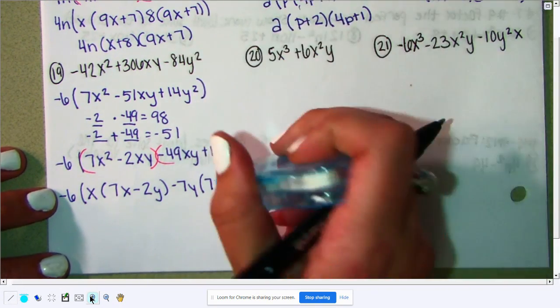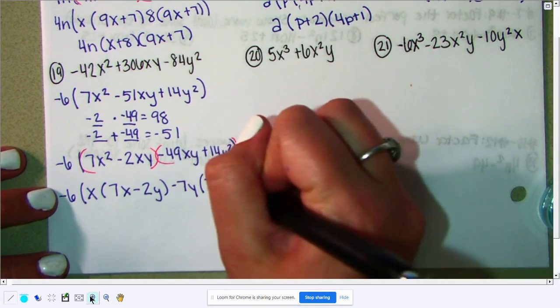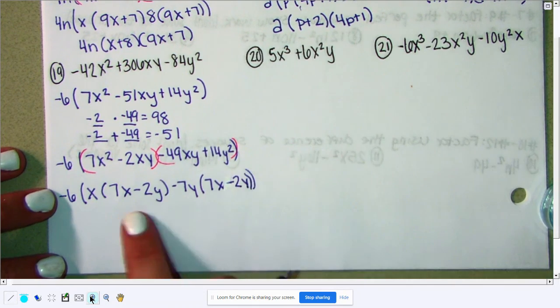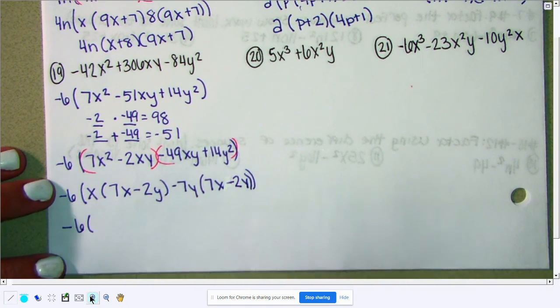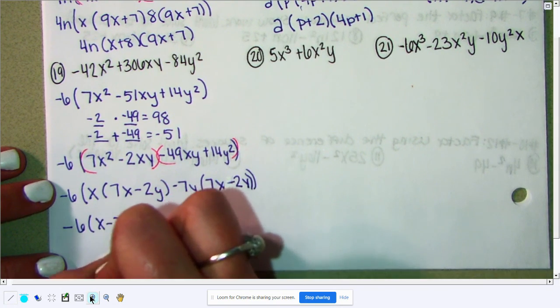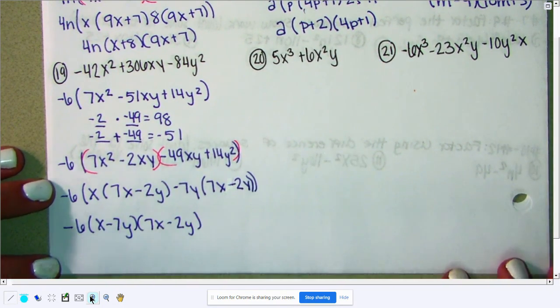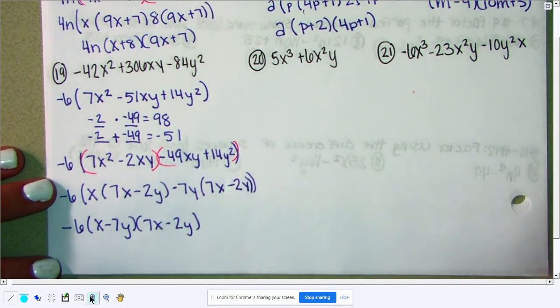Easy mistakes, they happen, it's okay. Again, these are matching, so are these. So I'm going to go ahead, negative 6, group the GCFs, 7x minus 2y. Just because there's more variables does not make them harder.